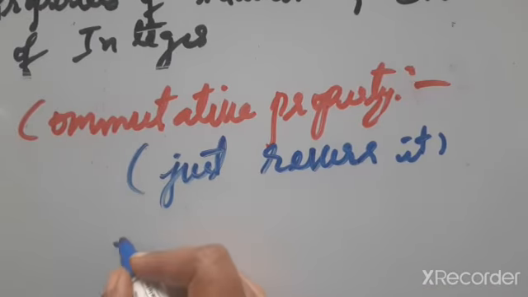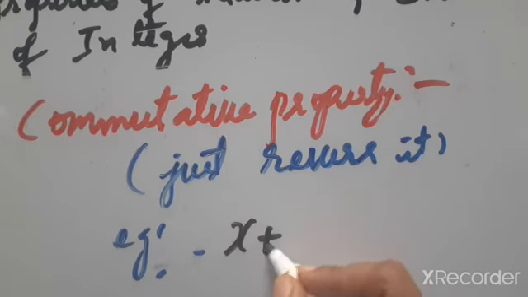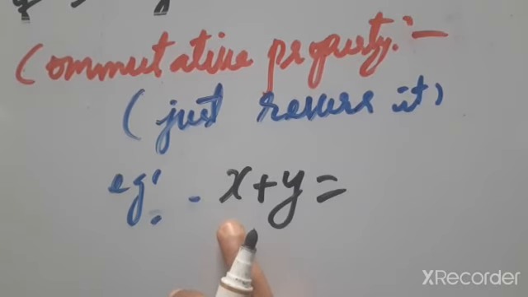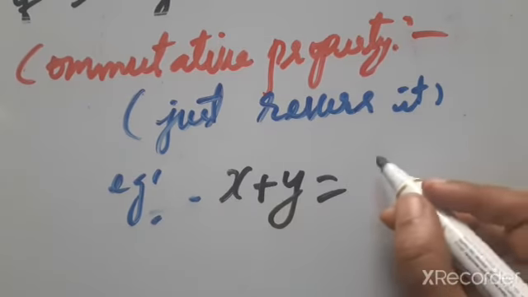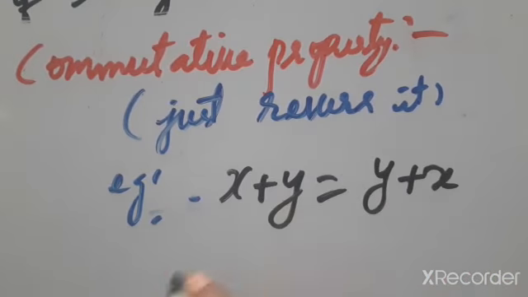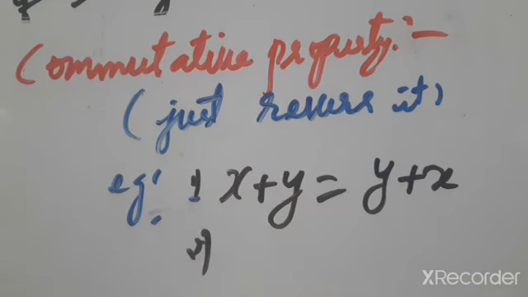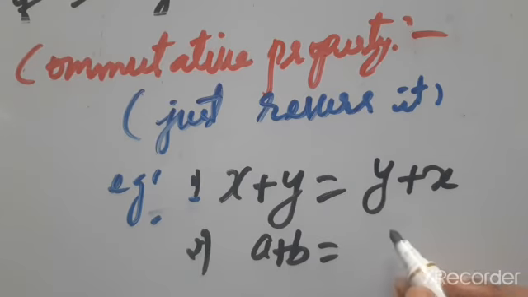For example, for the commutative property, x plus y is given. What is the commutative property of x plus y? Answer is y plus x. Just reverse: y is first, then x is next. One more example: a plus b equals what?